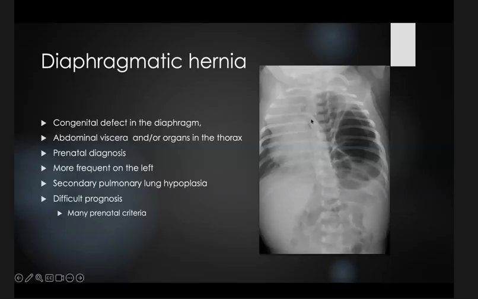So the ipsilateral lung is super small, but the contralateral lung can be small too because of the shifted mediastinum towards the pregnancy. In these cases the prognosis is hard to make, even before and after delivery, because we have some criteria, but babies do what they want. Sometimes the pulmonary hypertension is super high, so it's hard to have a good prognosis antenatally.